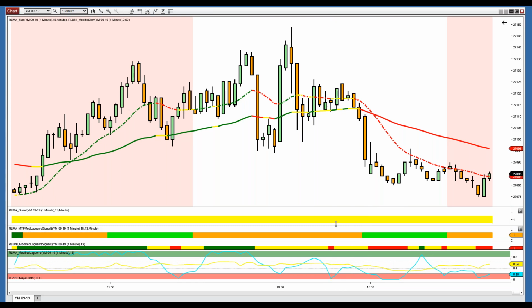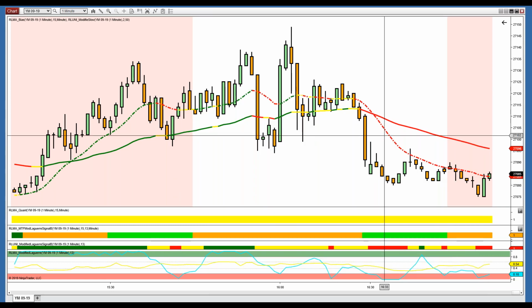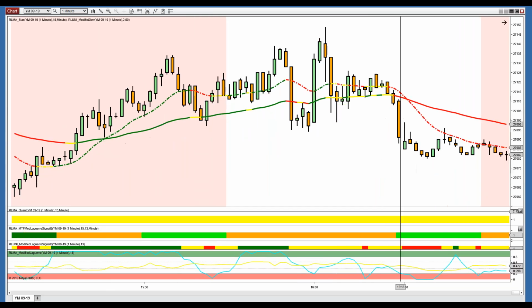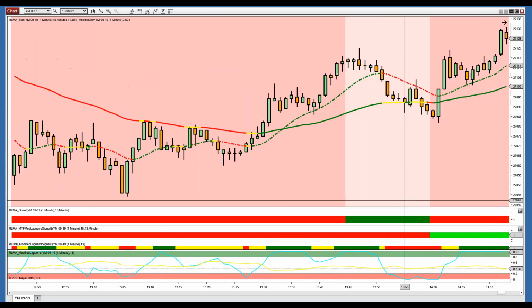Let's see here. Maybe because the market's closed. I don't know. Let me just refresh the chart. Now I'm not getting a quant on the YM, and I don't think it's yellow. Oh, it is. It's just yellow.